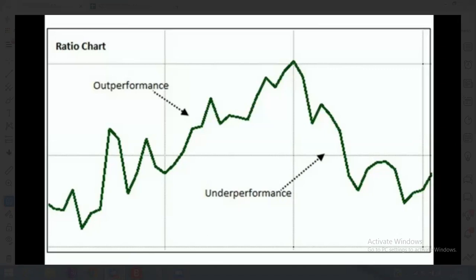For example, the Nifty Financial Services, the numerator which you are analyzing, is moving up by 12%, while your Nifty 50, the denominator, is only moving up by like 5 or 10%. That means it is a clear cut case of outperformance. In that case, the ratio line will move up. In the case of underperformance, the ratio line will move down.